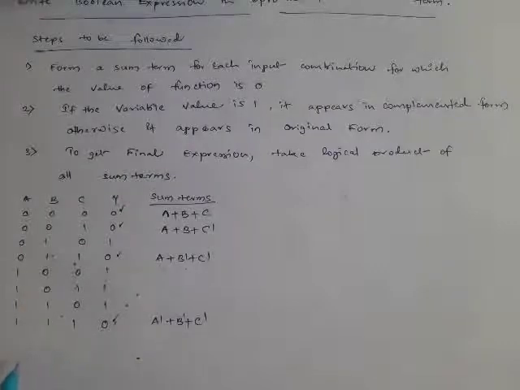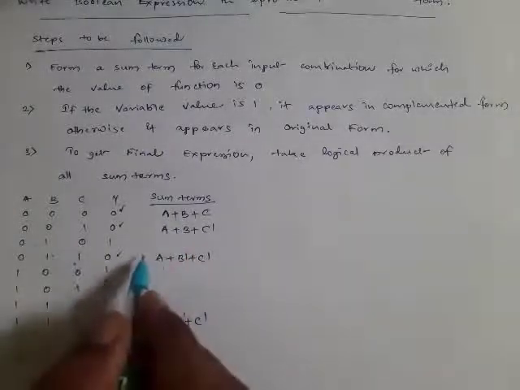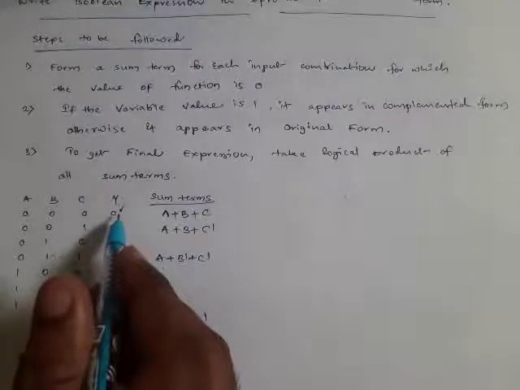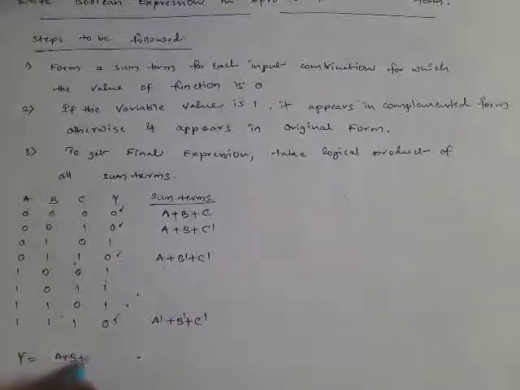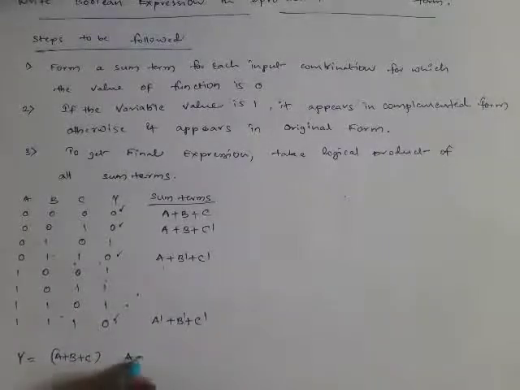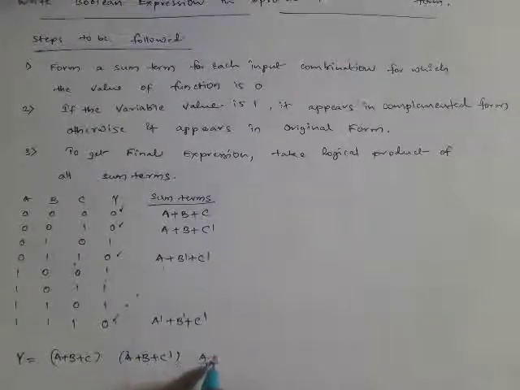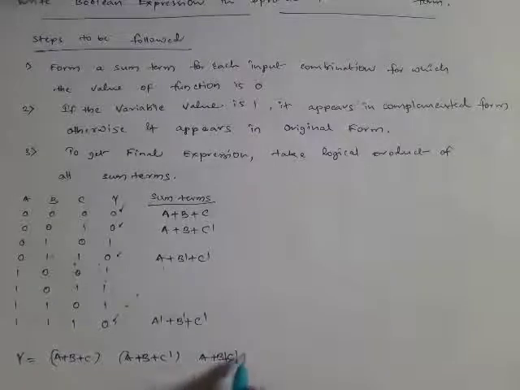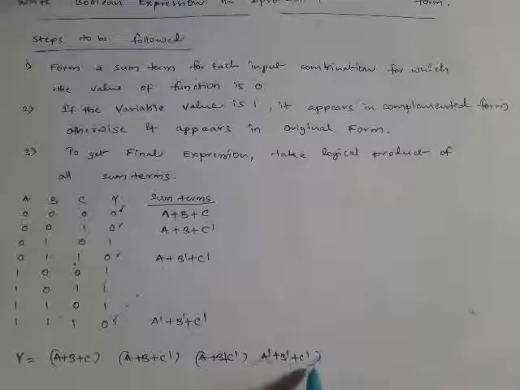So finally, to get the final expression, we have to take the logical product of all these sum terms: a plus b plus c, a plus b plus c bar, a plus b bar plus c bar, and a bar plus b bar plus c bar.